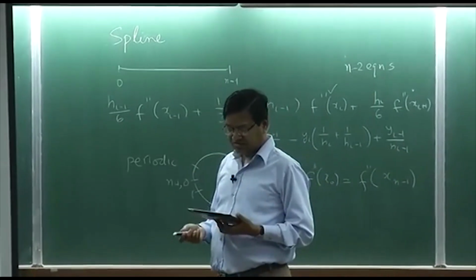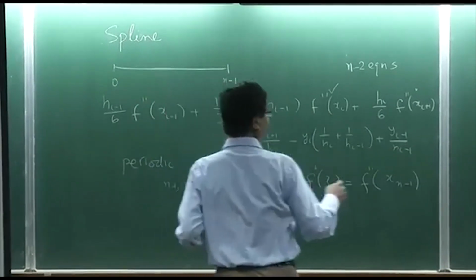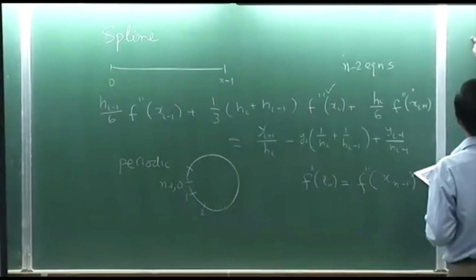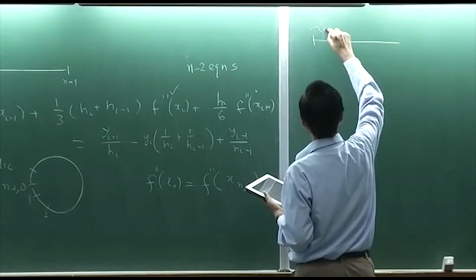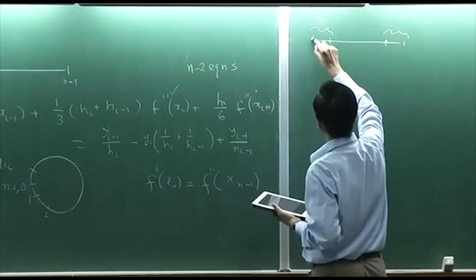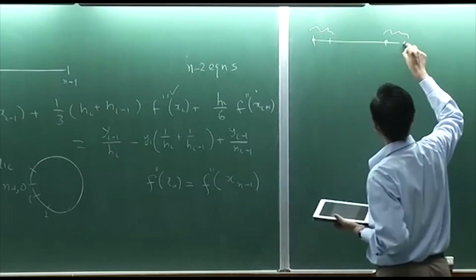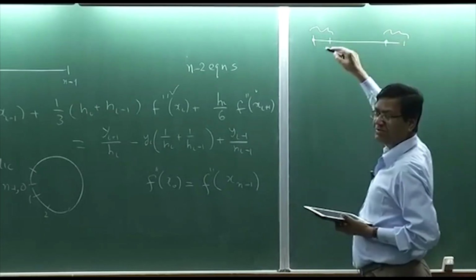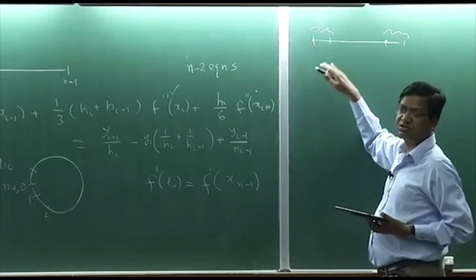The other condition is parabolic run out. So these 2 points have the same double derivative, and these 2 points have the same double derivative. So we assume that the double derivative here is the same as here. So it's parabolic in this regime. Double derivative is constant.